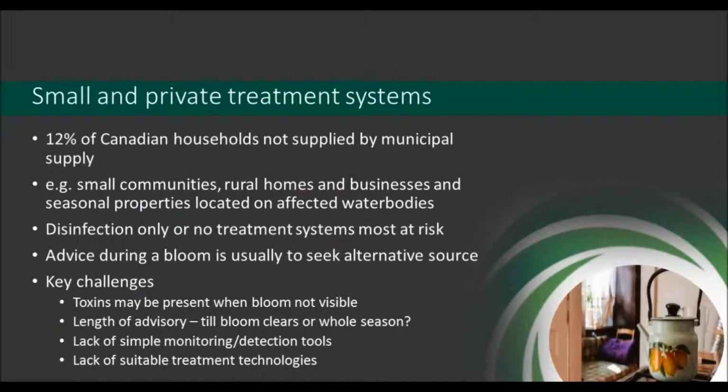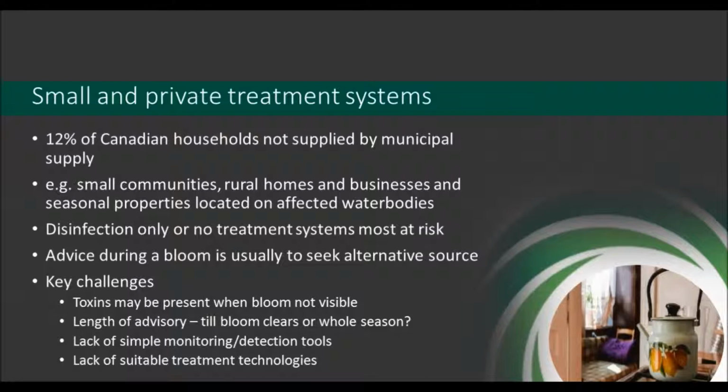Small and private systems are a different kettle of fish, and we're looking at about 12% of Canadian households that are not supplied by a municipal supply. We don't know exactly how many of those are from source waters that could be affected by cyanotoxins, but we're looking at small communities, rural homes and businesses, and potentially seasonal properties on affected water bodies.